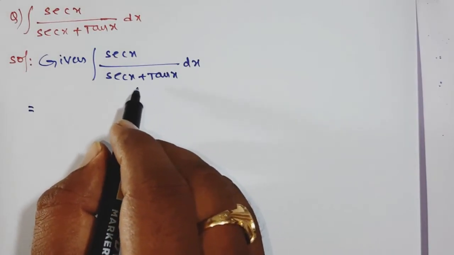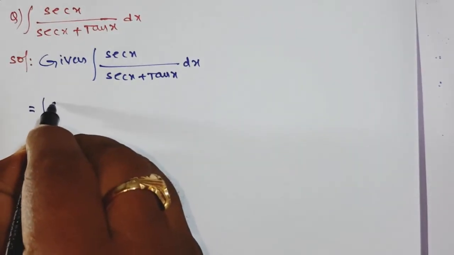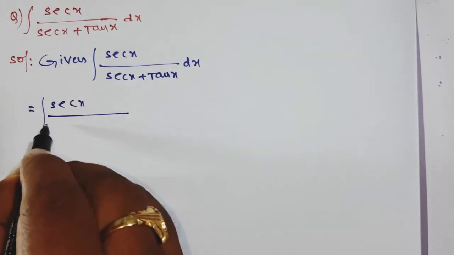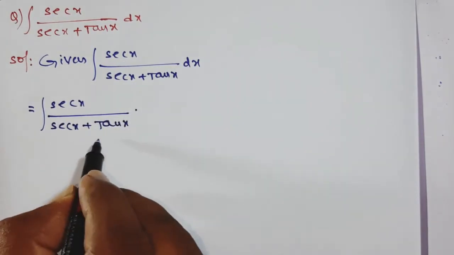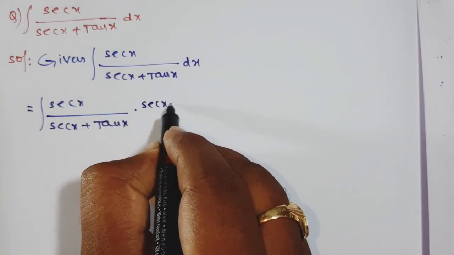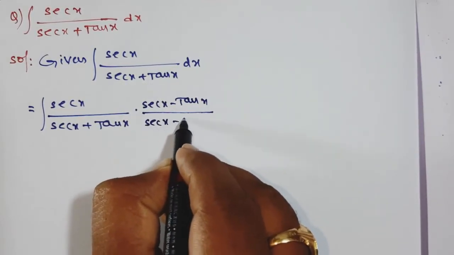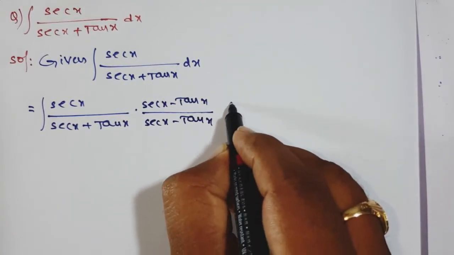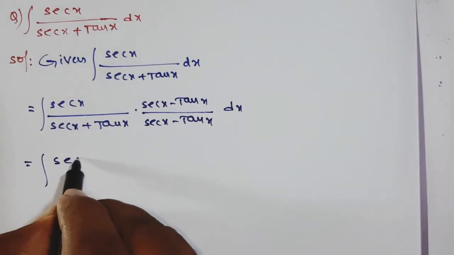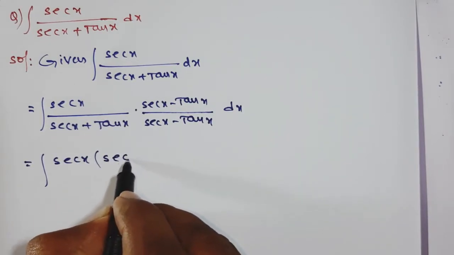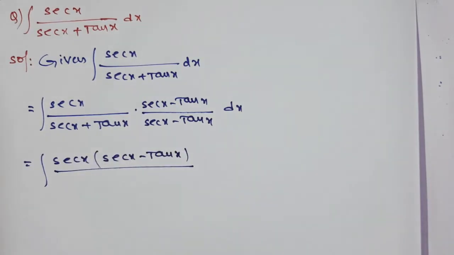Rationalize means we take the opposite sign of the denominator. So secant x by secant x plus tan x, the opposite sign is secant x minus tan x, multiplied by secant x minus tan x dx. Multiply the numerator secant x by secant x minus tan x, and the denominator by the denominator.